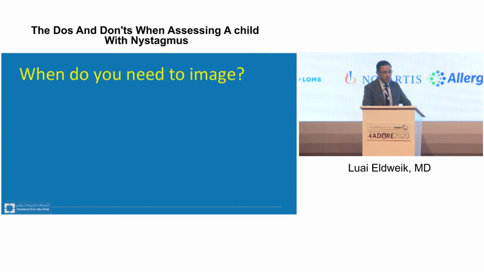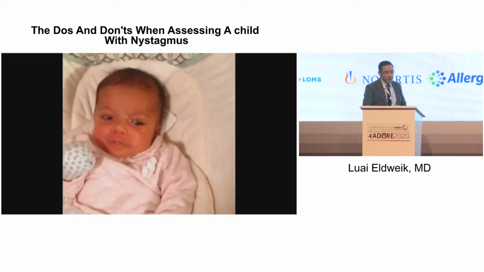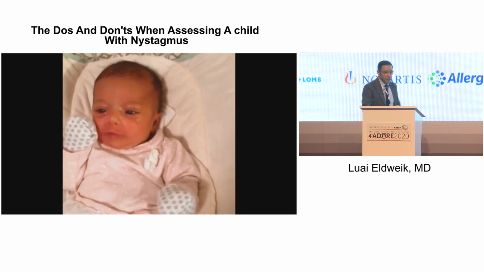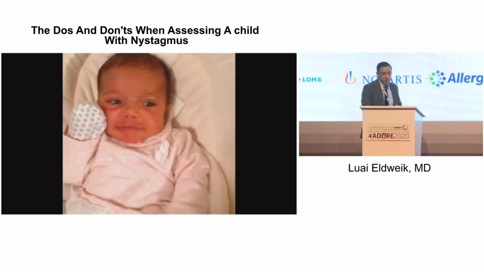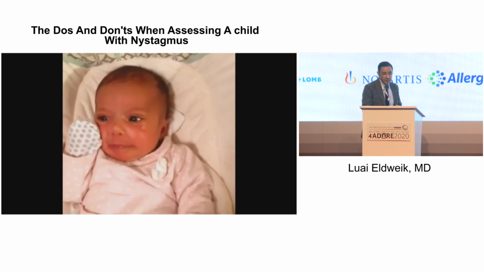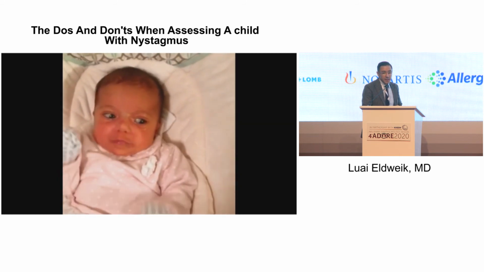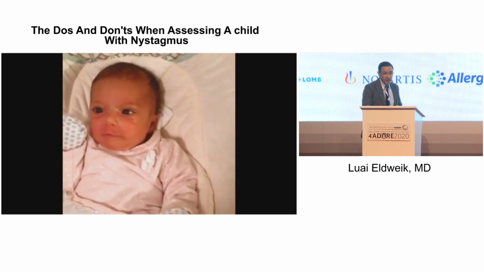So when do we need to image? I'll just go through quick videos. This is a video on the AAO website showing what they listed as spasmus nutans. I would say it's very unclassical. The patient is young, 4 weeks old, so it's not the classical one, but you can see the head oscillations and the monocular nystagmus in one eye.